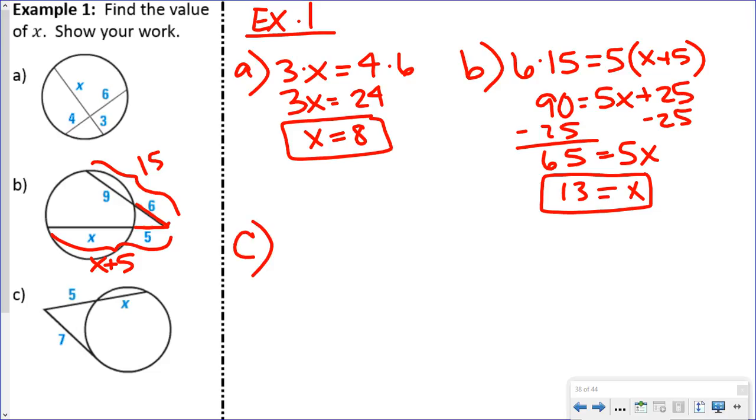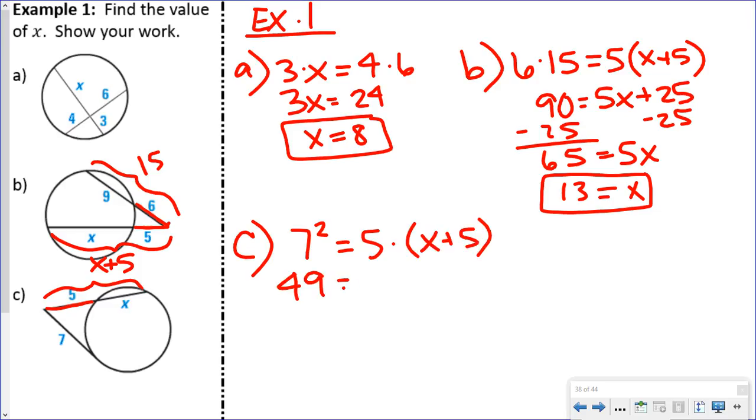That's when you have two secants. You take the outside piece times the whole equals outside times whole. This is one where you have the tangent, which is your 7. So remember, you do tangent squared equals your outside piece 5 times the whole piece again, which is x plus 5 again. You add those two numbers.